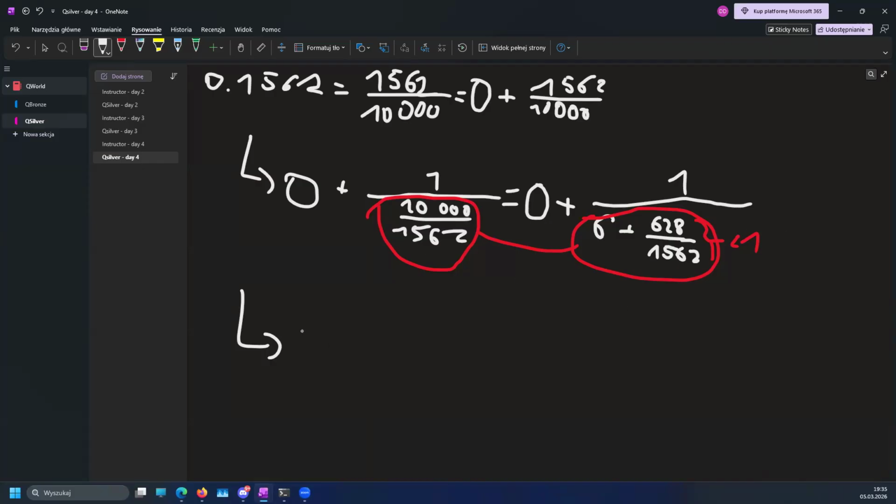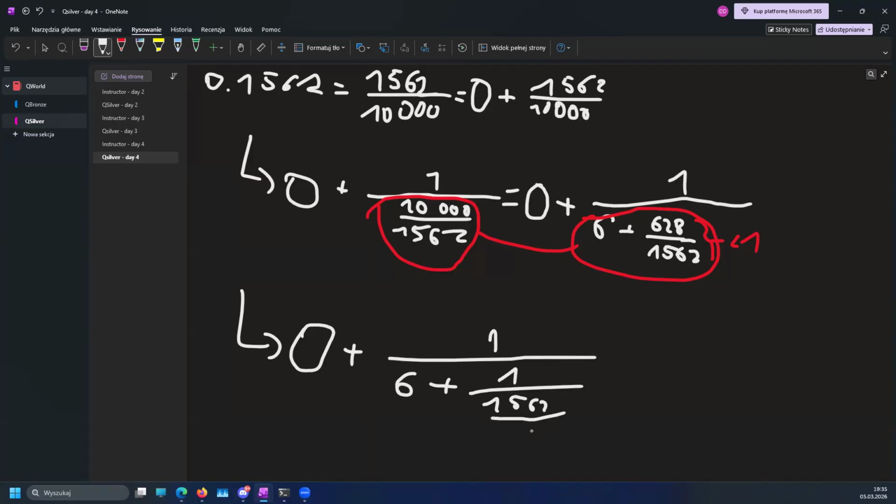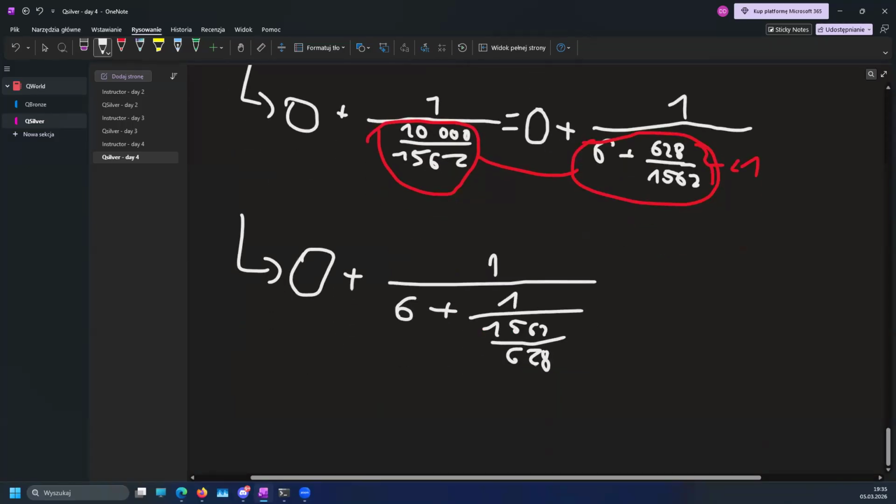So we will now obtain again 0 plus a big line 1, we will get 6 plus, and then again we need to revert this fraction. So 1, 5, 6, 2. Smaller line, 6 to 8. And as you can see in this number, we can fit to 628.